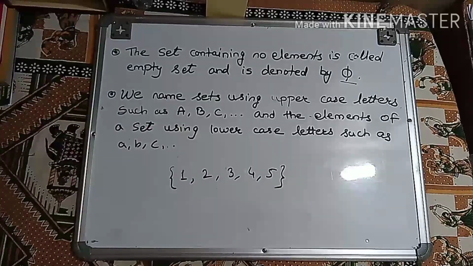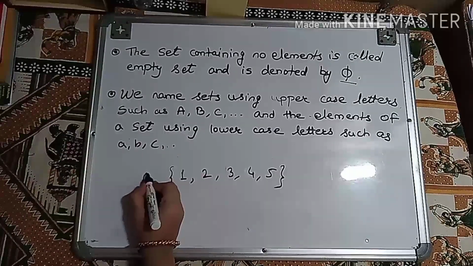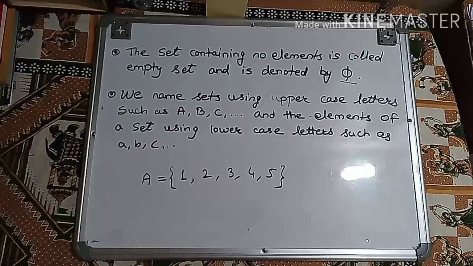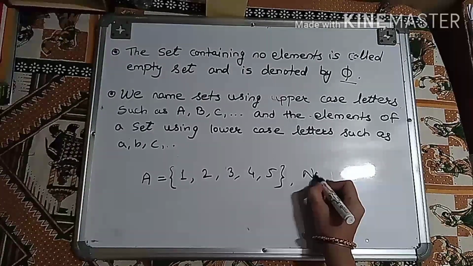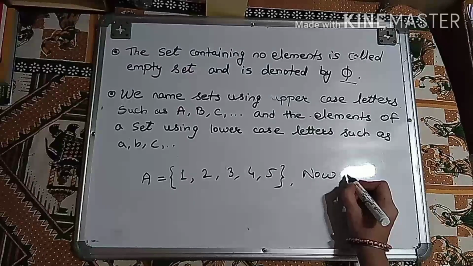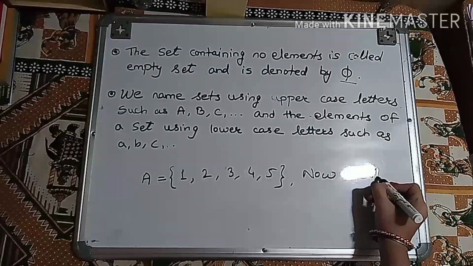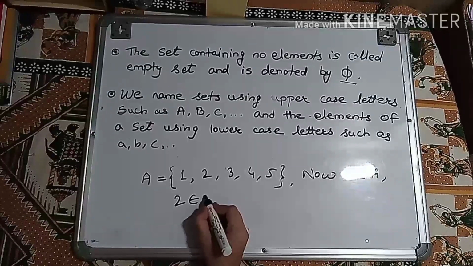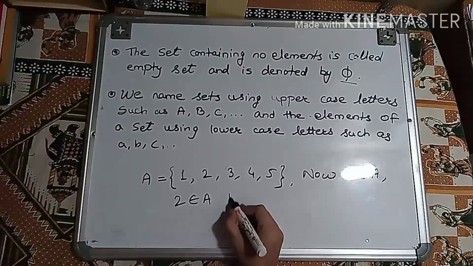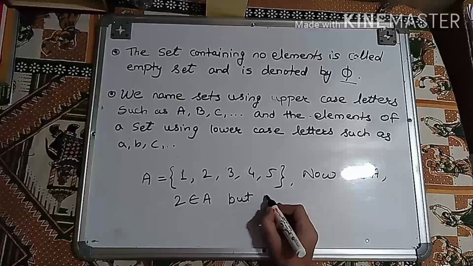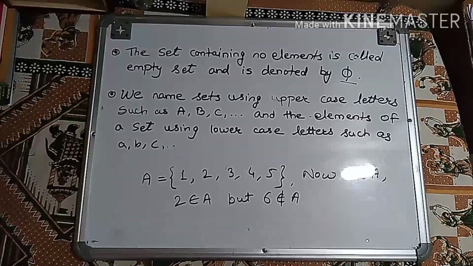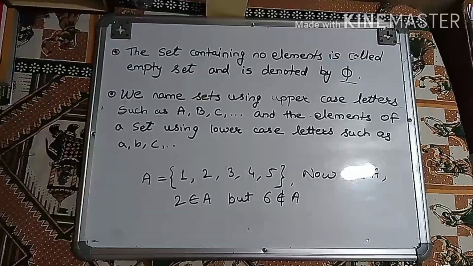This becomes a set of 5 elements denoted by capital A. Now 1 belongs to A, 2 belongs to A, but does 6 belong to A? No, 6 does not belong to A.